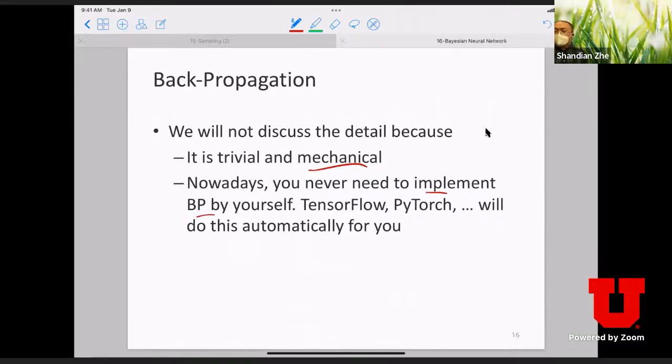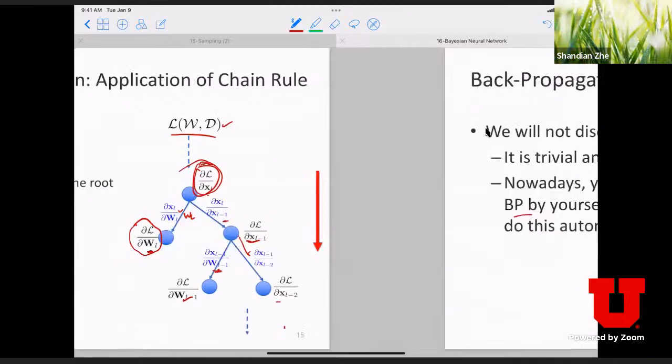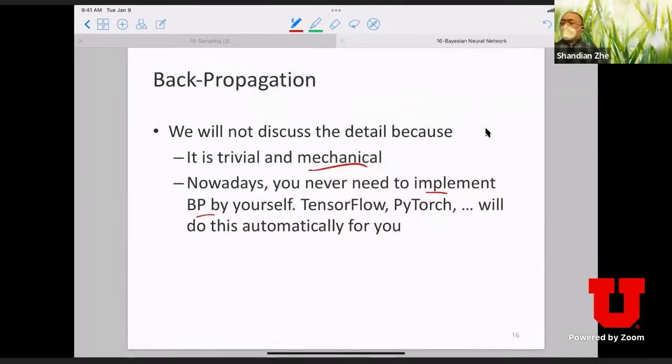You can compute a bunch of composite functions, right? And then you get the loss, and the software can track all those partial derivatives throughout the forward procedure. So they can conduct backpropagation by themselves so that they can compute the partial derivative with respect to the target parameters automatically. So we just want to give you a sense of how these are conducted.